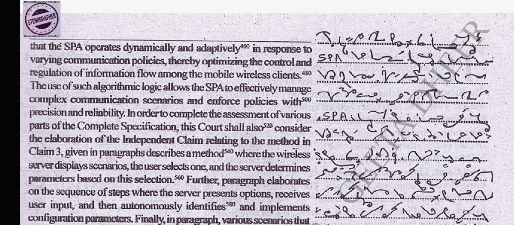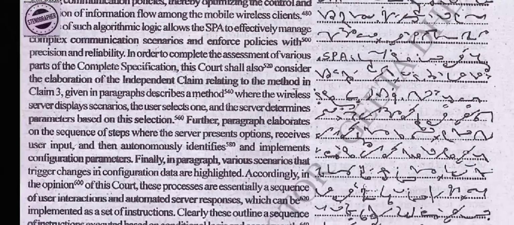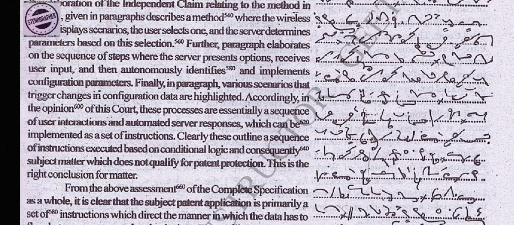Further, the paragraph elaborates on the sequence of steps where the server presents options, receives user input, and then autonomously identifies and implements configuration parameters. Finally, in another paragraph, various scenarios that trigger changes in configuration data are highlighted.